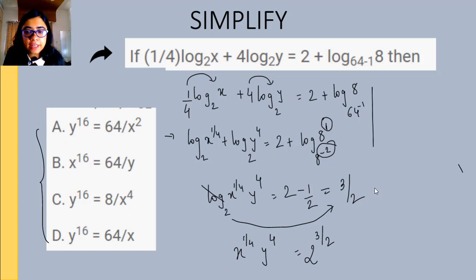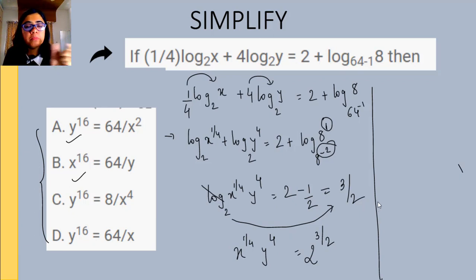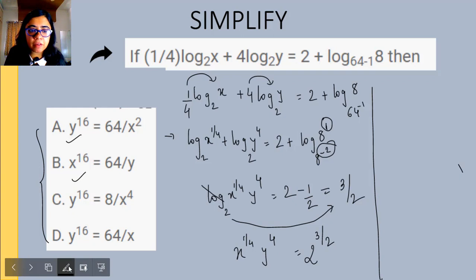Now if you look at your options, everywhere you have y raised to 16 or x raised to 16. So what am I saying? Let me take power 4 on both sides, meaning raise this to 4 and this also to 4.